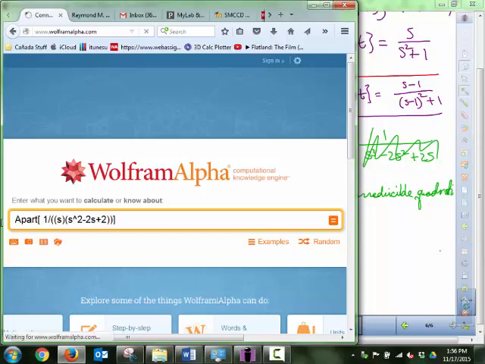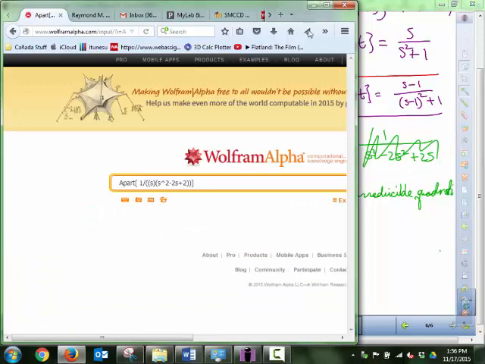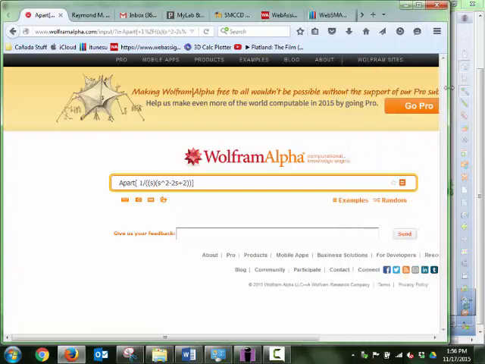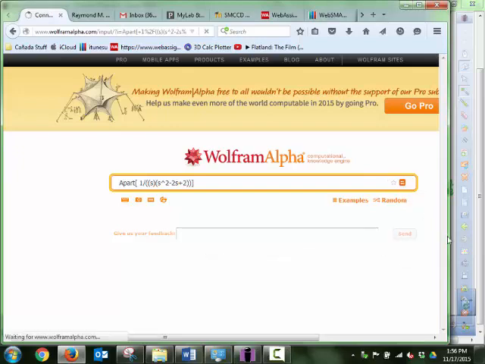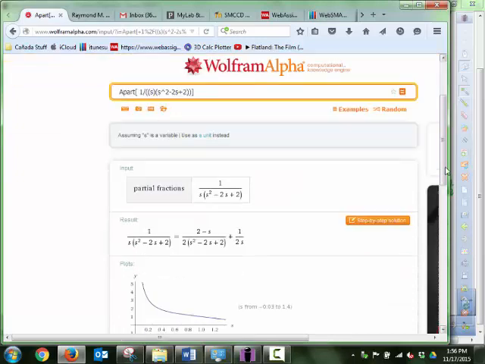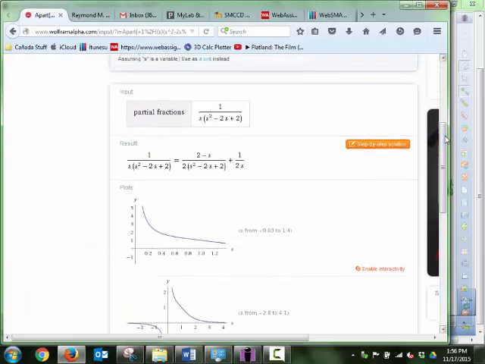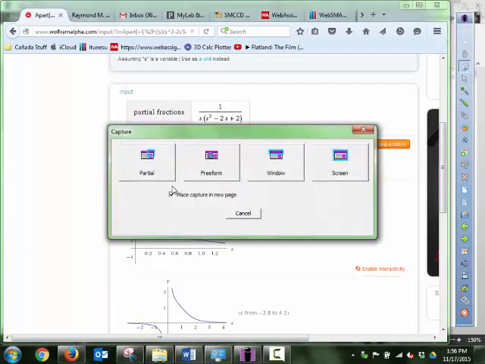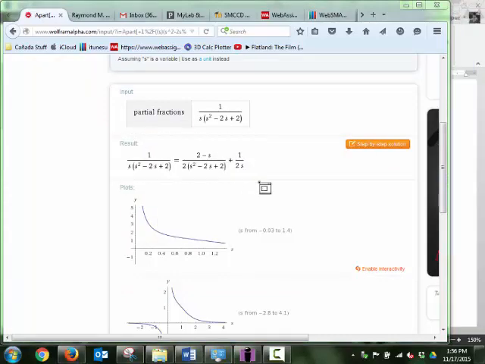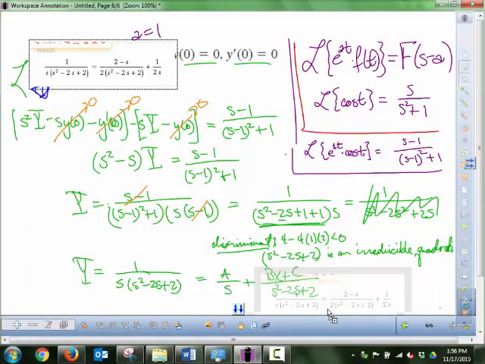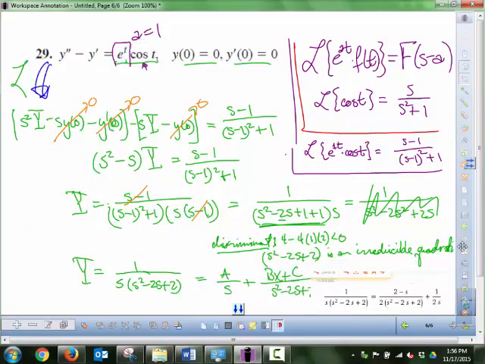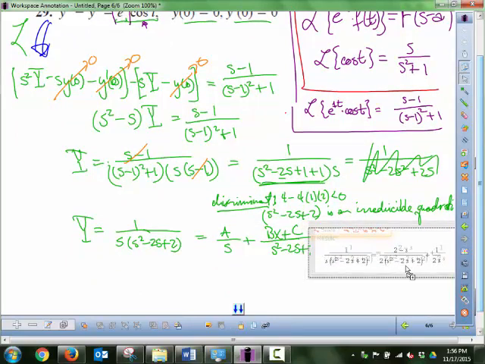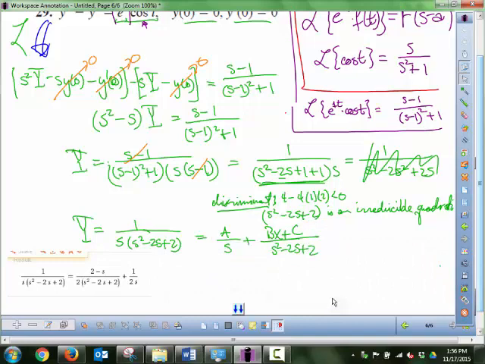So that looks like the fraction. All right, let's just say we did this, and then we got this for the result.